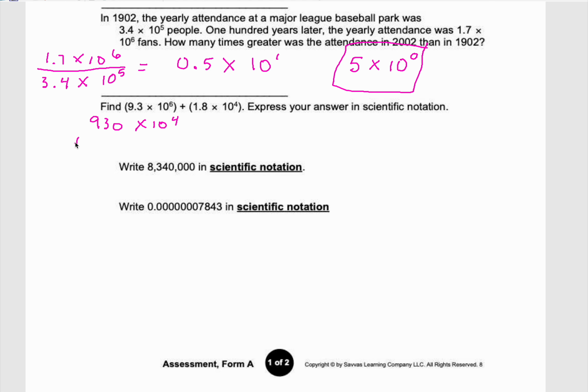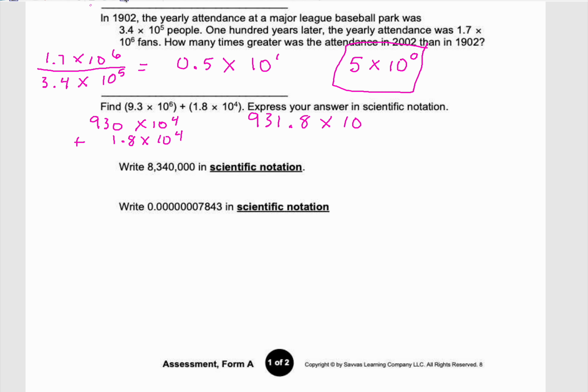And we're going to do plus 1.8 times 10 to the 4th. So 930 plus 1.8 would be 931.8 times 10 to the 4th. That looks like 104.